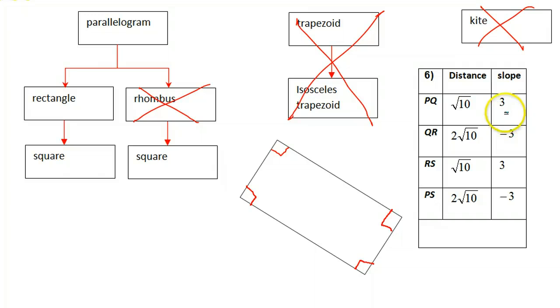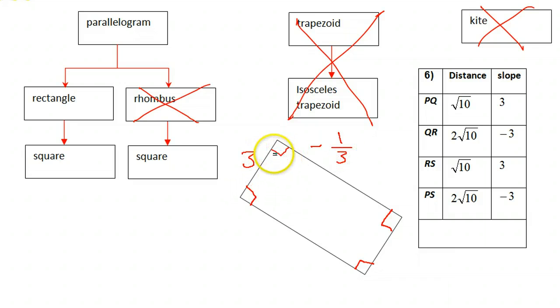So, if one side has slope 3, if these are perpendicular, what should be the slope of the other side? It should be negative 1/3.